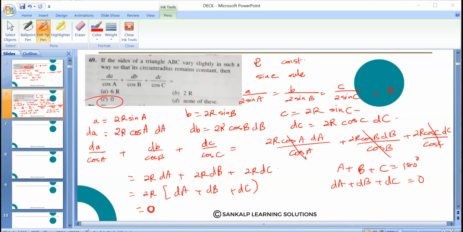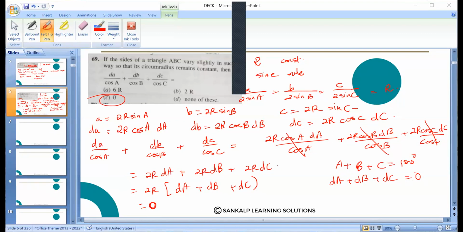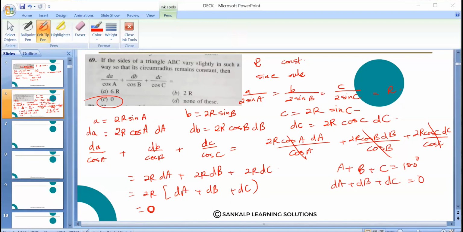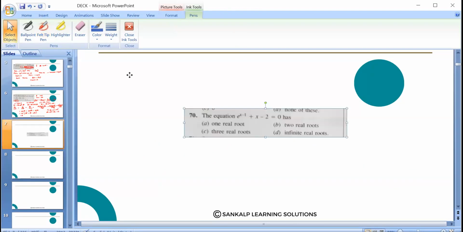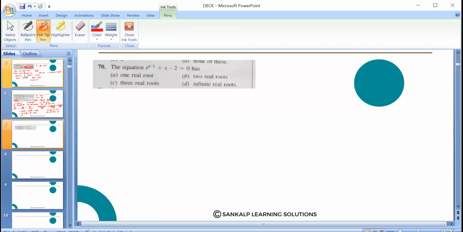Next, question number 70. The equation e power x minus 1 plus x minus 2 equal to 0. How many roots?